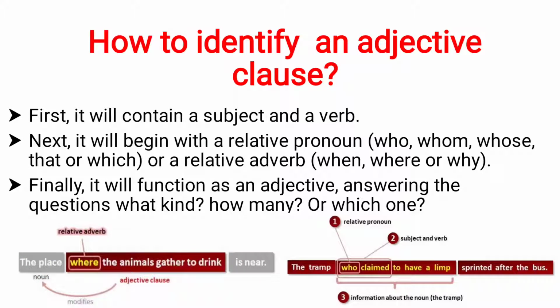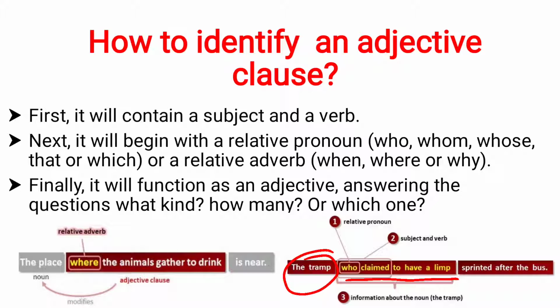Let us understand this with the help of another example. The tramp who claims to have a limp sprinted after the bus. Now, tramp means beggar. Here, about which tramp are we talking? We are talking about that tramp who claims to have a limp.